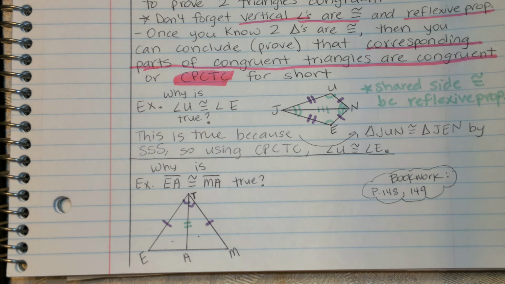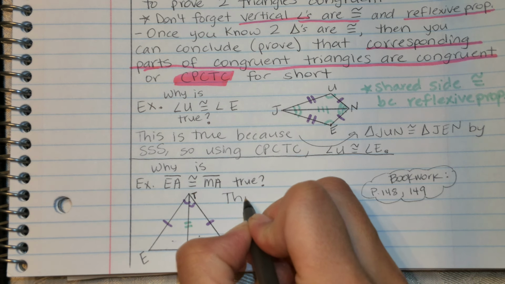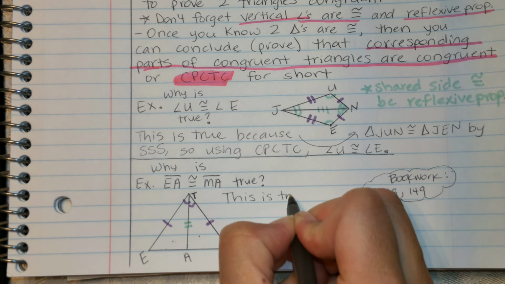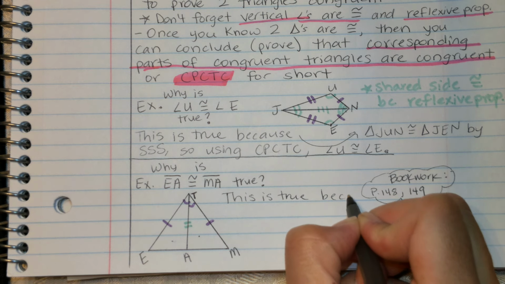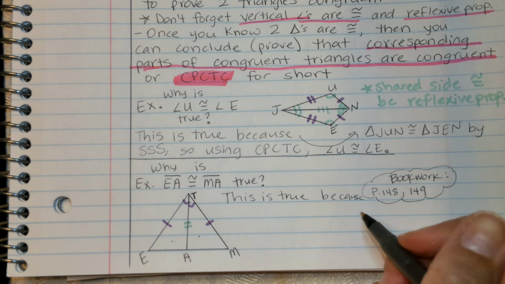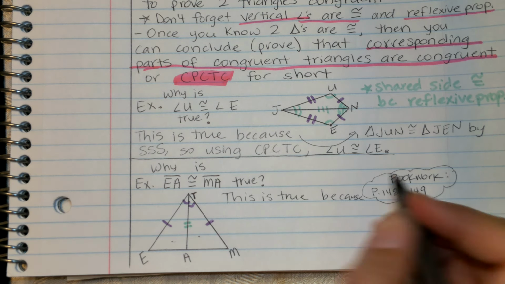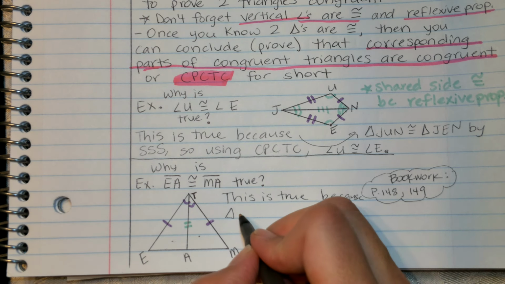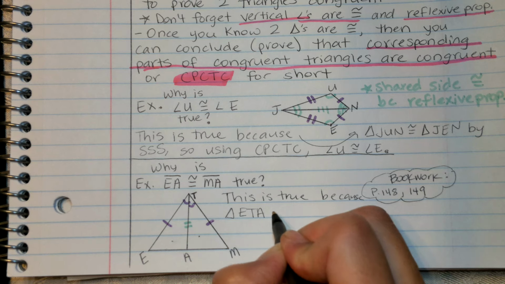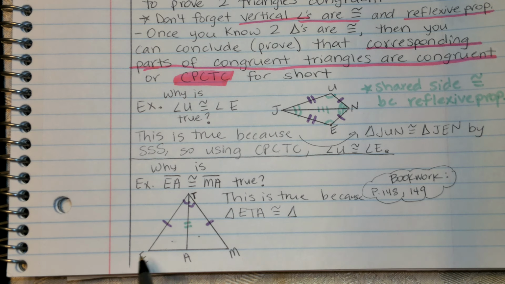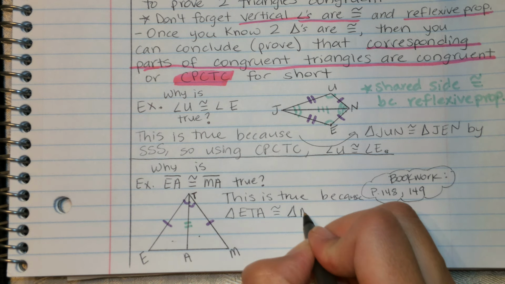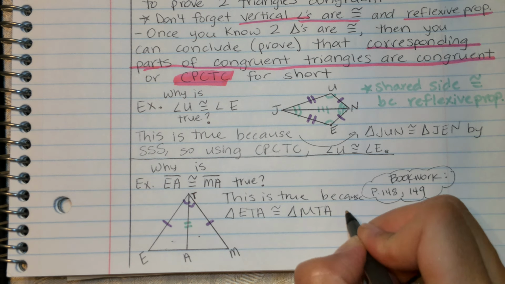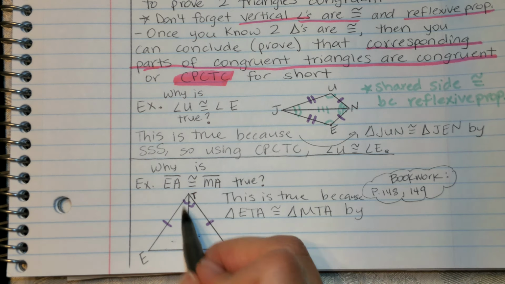So I'm going to answer the question, why is that true? I'm going to say, this is true because, let me put the triangle congruent statement. So I'm going to say triangle ETA is congruent to triangle, corresponding to E is MTA, by, and we said already it's side, angle, side.